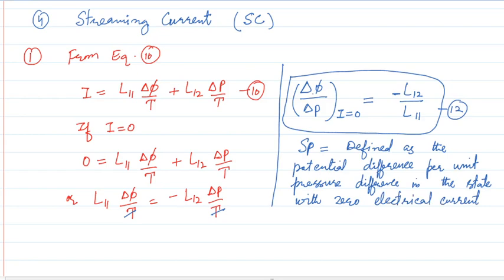That means the streaming potential is simply the potential difference upon the pressure difference, which is equal to negative of L12 upon L11.